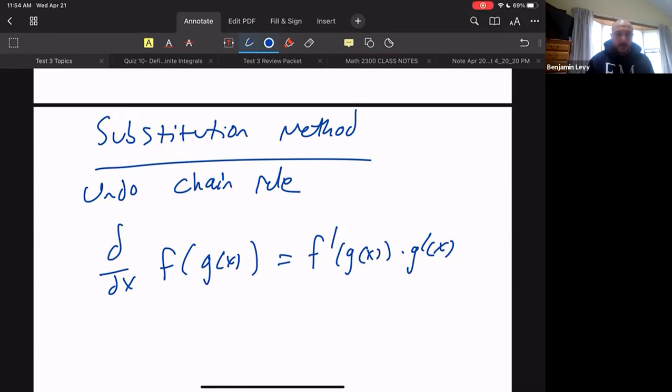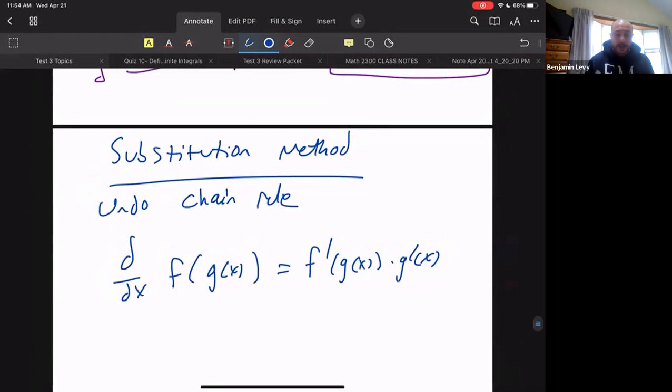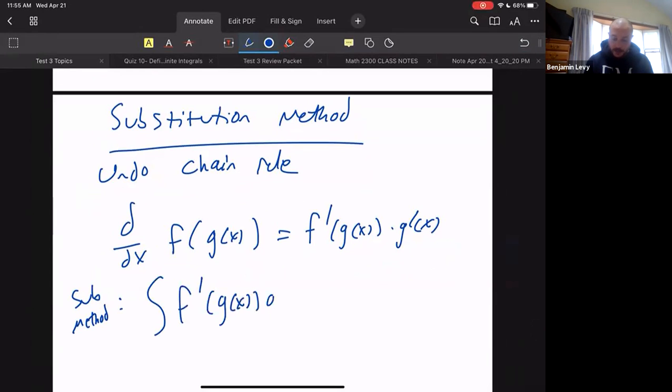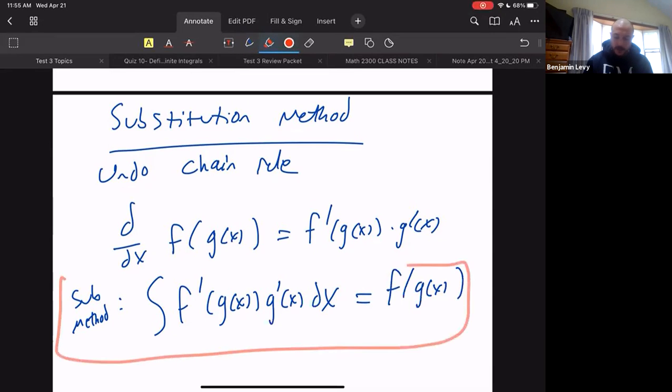And so what we're doing in the substitution method is we're integrating the right-hand side of that, right? So when the substitution method gets used, it's when we want to integrate, i.e. undo the chain rule. We had learned previously the chain rule, and remember, integration you can think about as undoing derivatives.